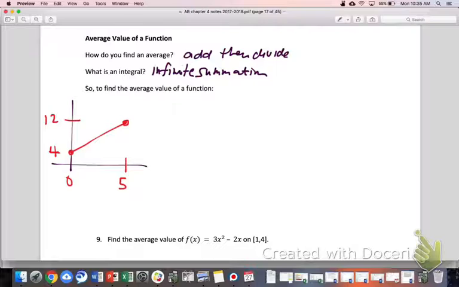What's the average value of that function on the interval from 0 to 5? What would you say? 8, right? It's linear, so wouldn't the average be the midpoint? From 4 to 12, the midpoint would be a height of 8, so the average value would be 8, because exactly half the line is below 8 and half is above 8. Does that make sense? So by looking at these graphically, we can get away from adding up all the numbers and dividing by the number of numbers.